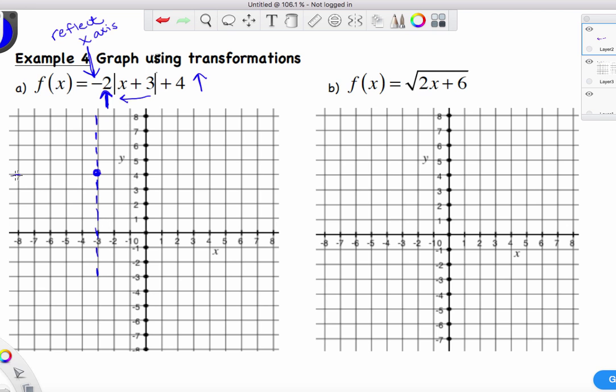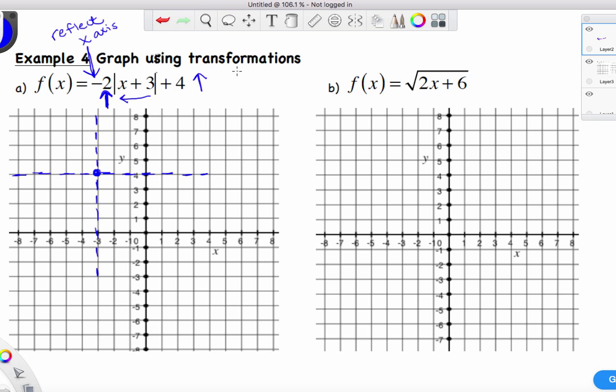So if you were graphing your parent function the way it normally would be graphed on the real XY axis, we're now going to graph it here. Except this time we have a vertical stretch of 2 and a reflection over the x-axis.